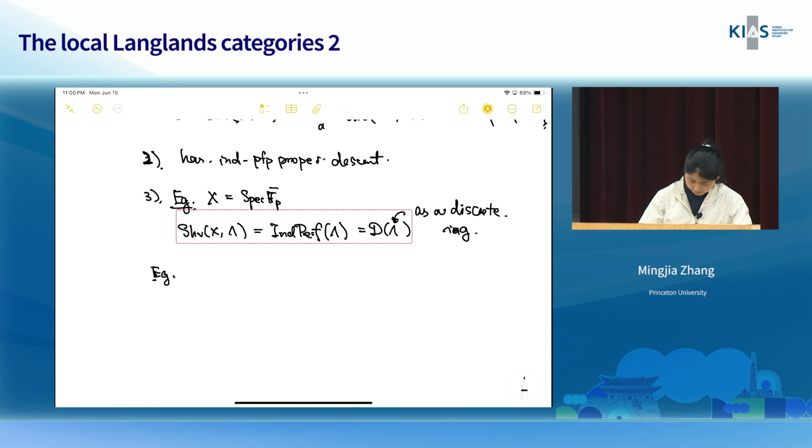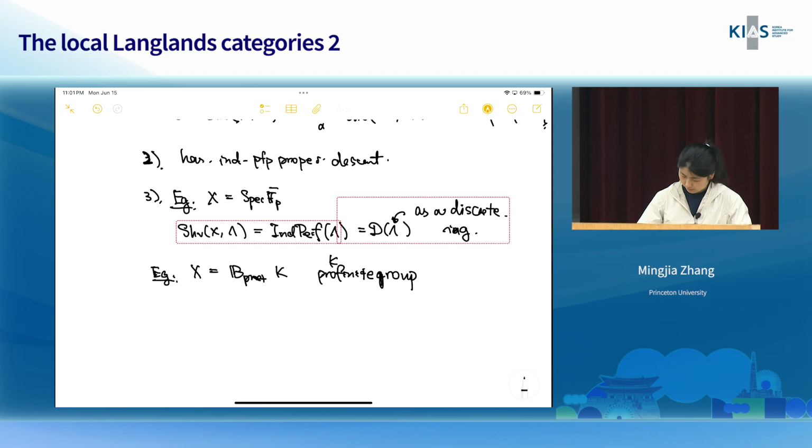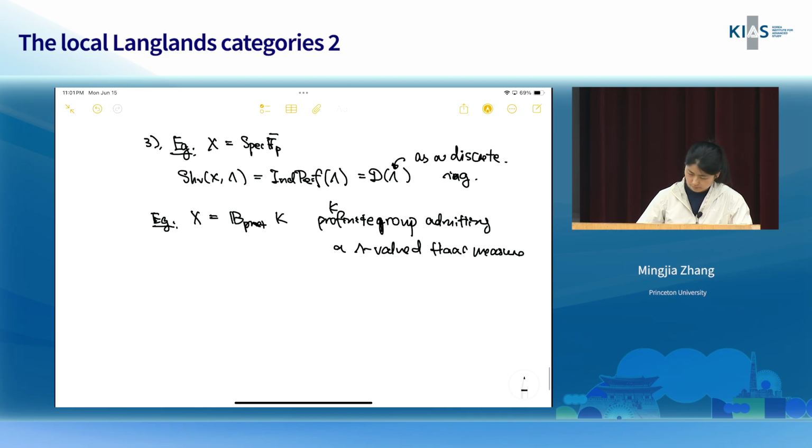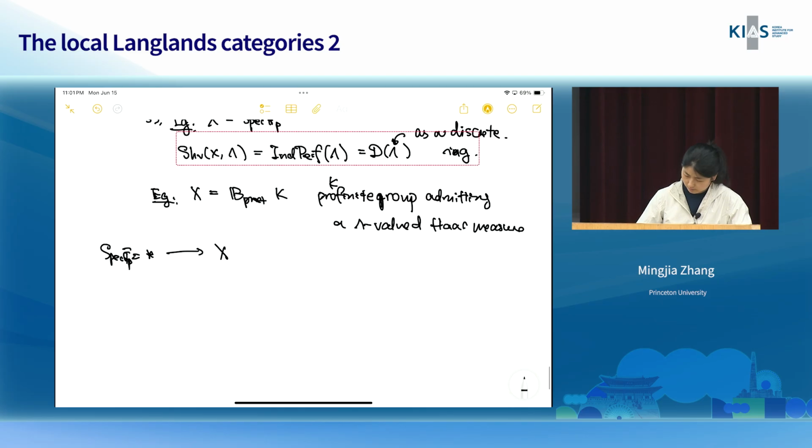which is important. And the last thing is that when X is the classifying stack of some profinite group K that admits a lambda valued Haar measure, then the map from a point, so H is back of FP bar, I will stop after finishing this example.